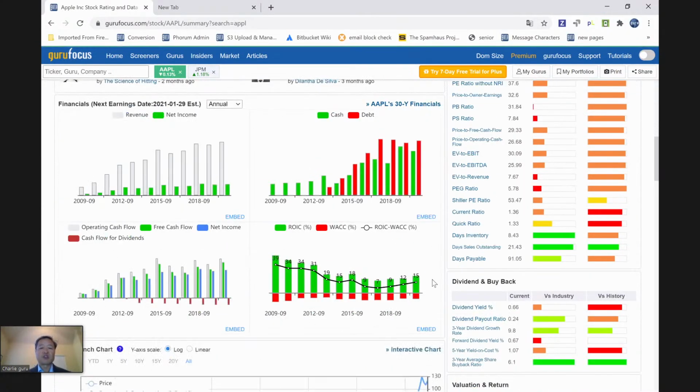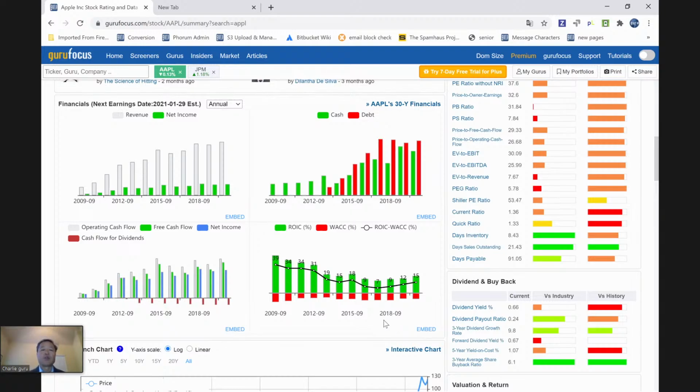This is the return on invested capital and the weighted average cost of capital. Basically it shows the historical return on invested capital and the historical weighted average cost of capital.